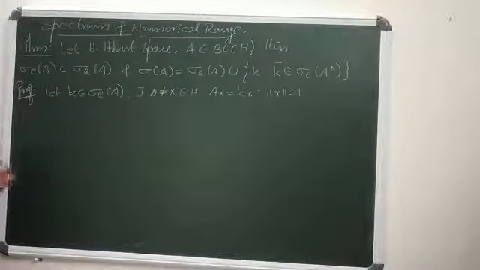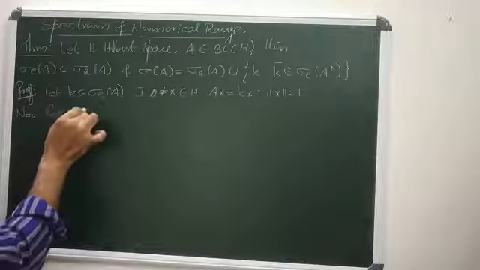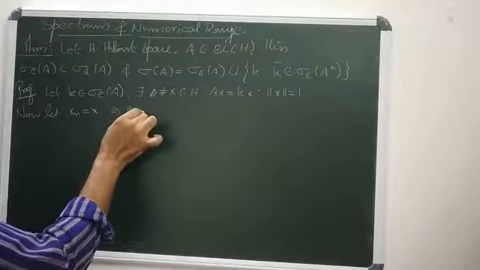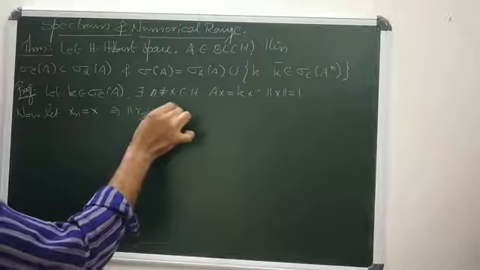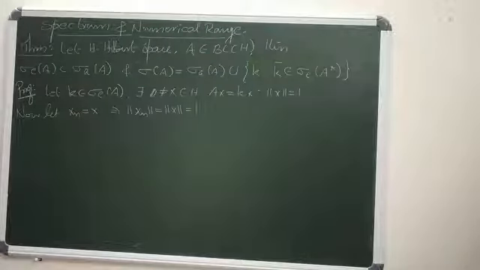Agree? Now let xn equal x. Xn equals x means what is the norm of xn? Surely the norm of xn equals the norm of x, but the norm of x is 1, so finally the norm of xn is also 1.